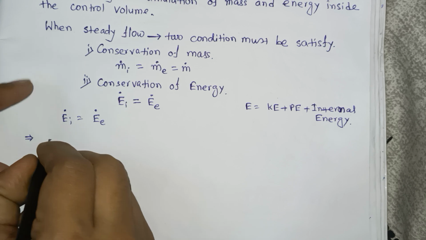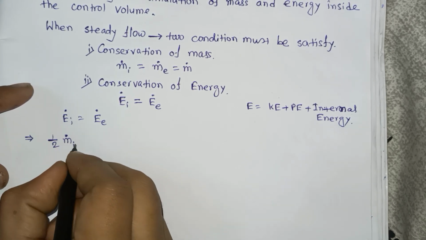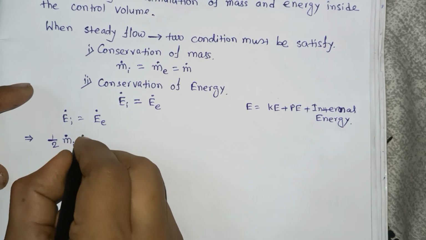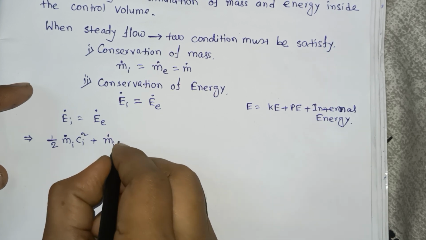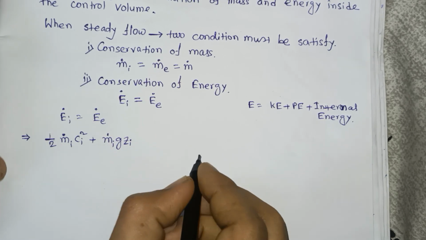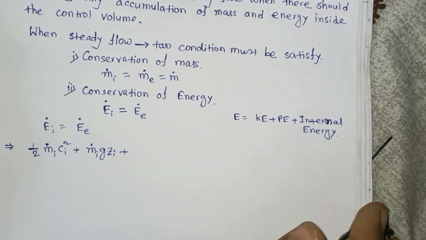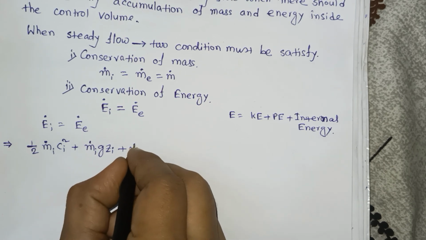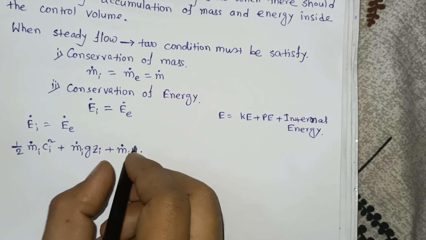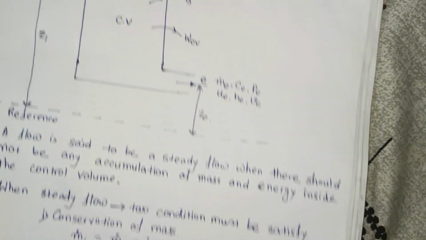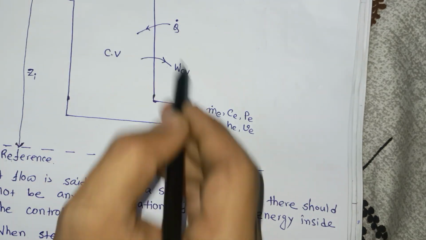The kinetic energy is half m dot i Ci squared, plus m dot i g Zi, which is the potential energy, plus the internal energy, m dot i Ui, plus the energy Q entering the system. So this is our system, and energy Q is entering the system.